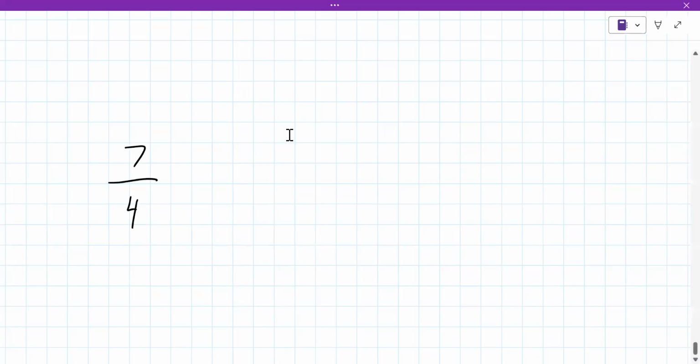Can't go into 40. Can't go into 400. I'm not sure. So I was hoping you were doing the long division here. Oh, it goes in one time. I just did it reversed. I did 4 inside.